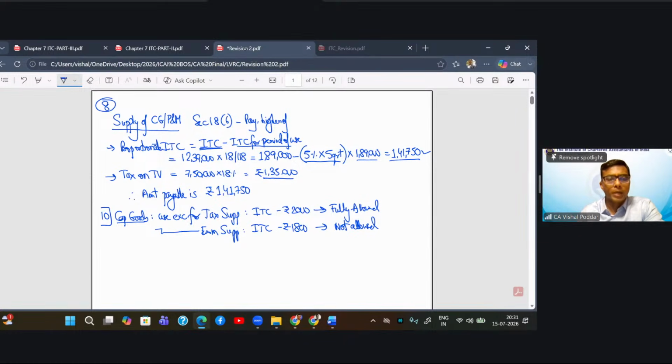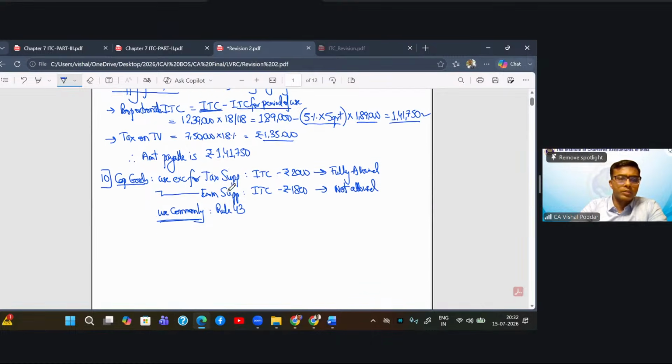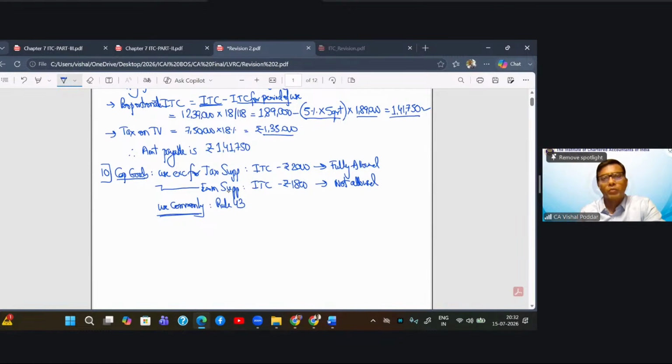Now we come to capital goods which is used commonly. For commonly, we have rule 43. What does rule 43 say? That whatever is the ITC, you have to find out the proportionate which has to be reversed. Firstly, we'll find out the monthly ITC.